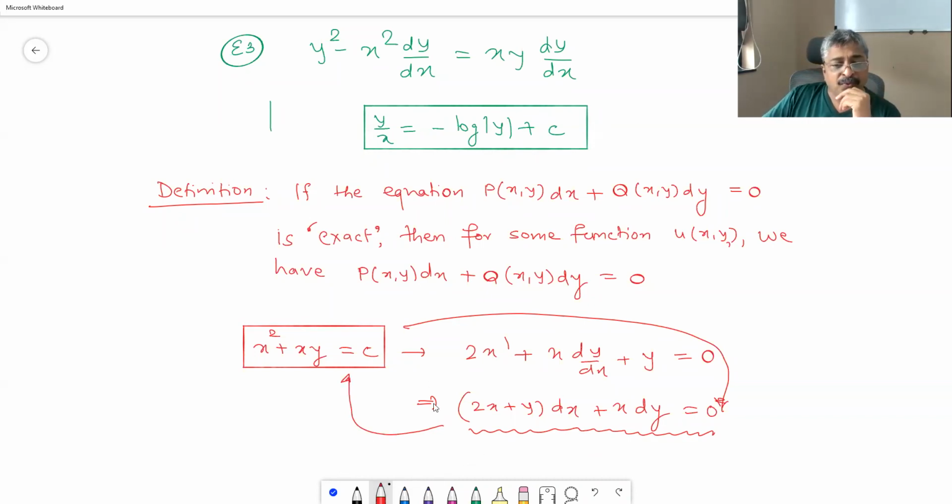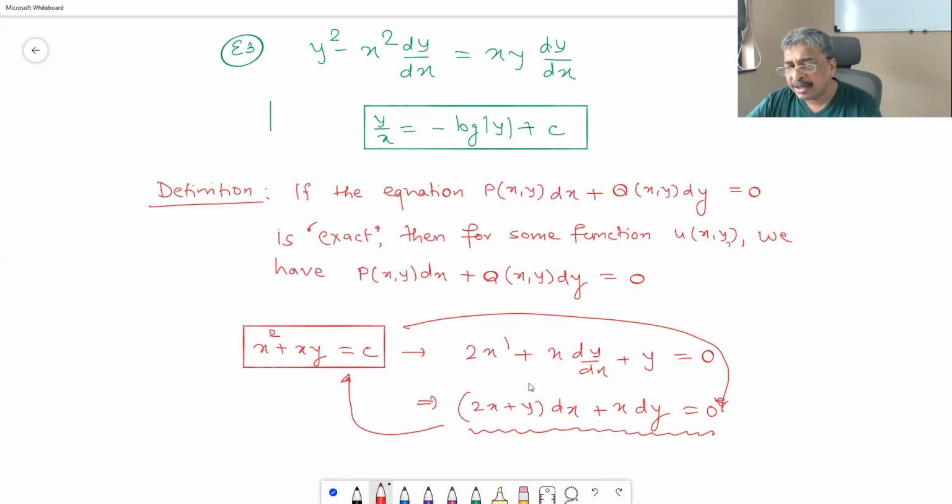And therefore we will call this differential equation exact because we achieve this expression by differentiating this u of x comma y. So it is slightly opposite direction, the journey is in the opposite direction, and therefore we have to be very alert in seeing, is this given equation an exact differential equation?